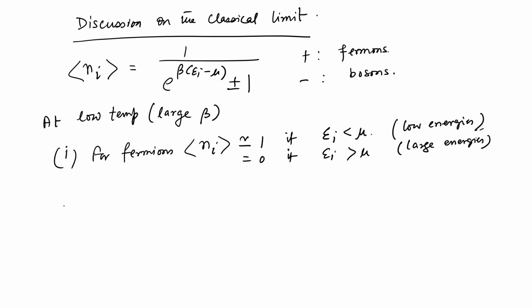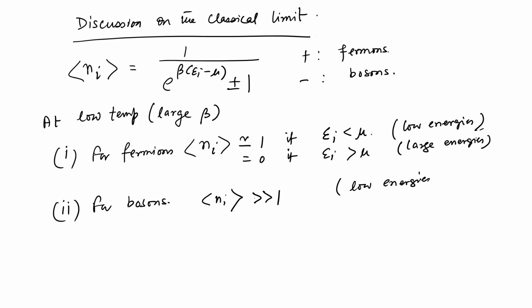Now, for bosons, we have a similar thing, except that N_i is much greater than 1 for low energies, and it is almost equal to 0 for large energies.